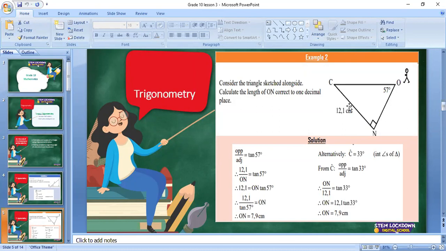SOH CAH TOA: O and A is for tan. So we say tan of the angle 57 is equal to opposite, which is 12.1, over adjacent ON that we are looking for.